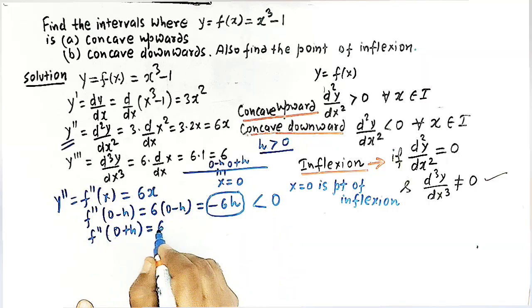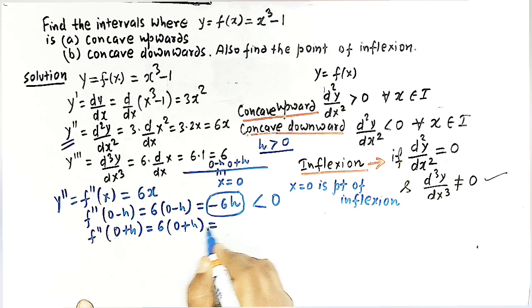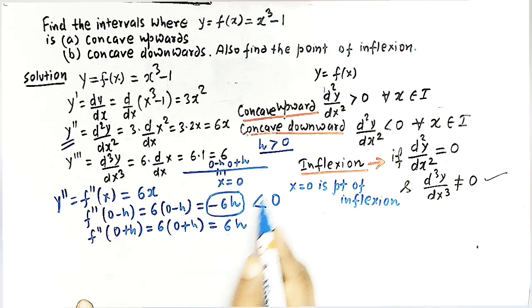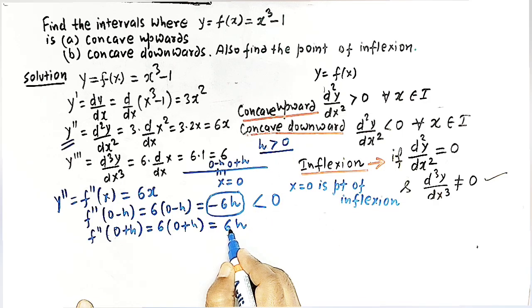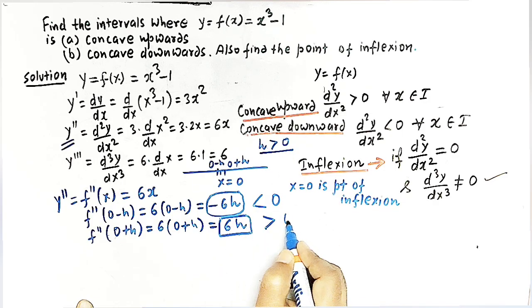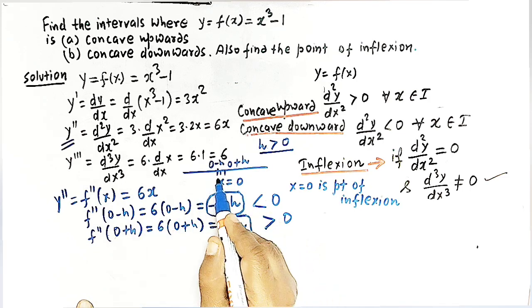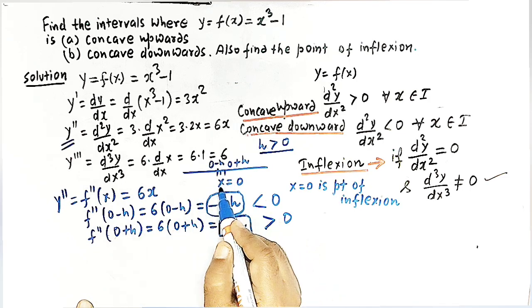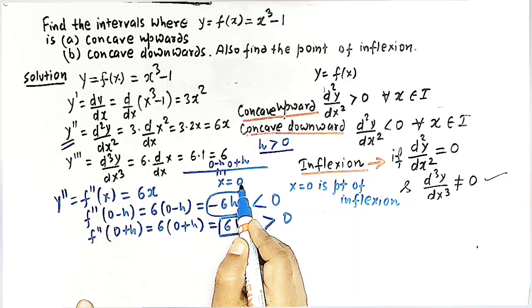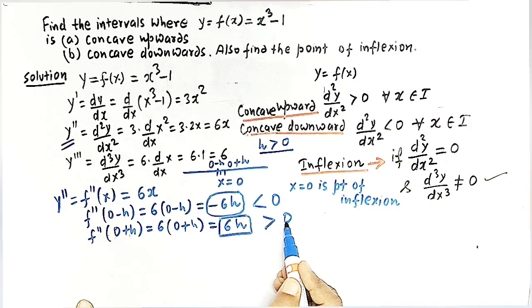So we have 6, here we have 0 plus h, and here we have 6h. Now h is positive, so 6h must be positive. So here we have a greater than 0. So when we make a transition from this point to this point, passing through x is equal to 0, the second derivative here is greater than 0, right?